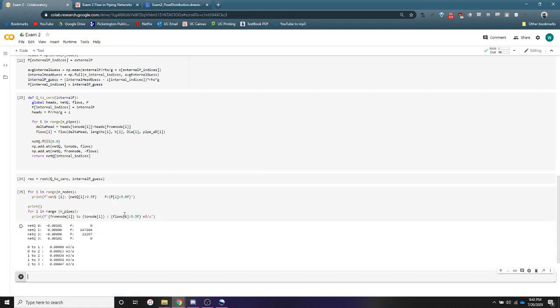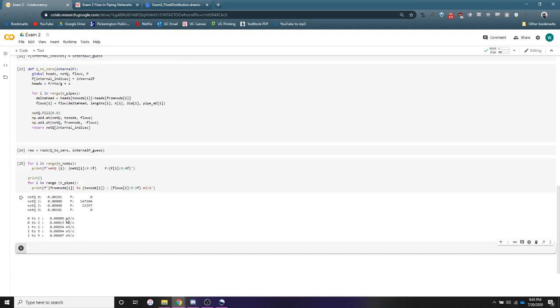Cool, yeah. So this is what we expected. We see here we have a net 0 or about 0 for everything. And then we have our pressures given here. And then we have our external nodes be 0 because that's what the problem statement said.